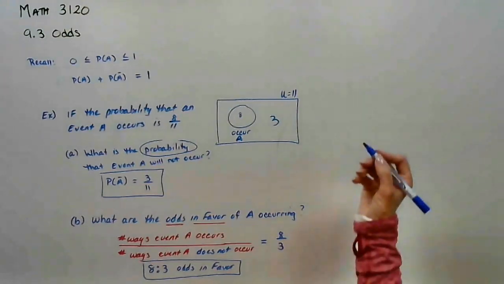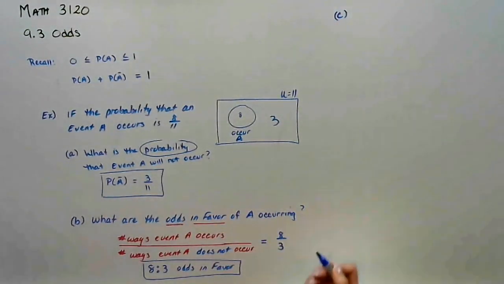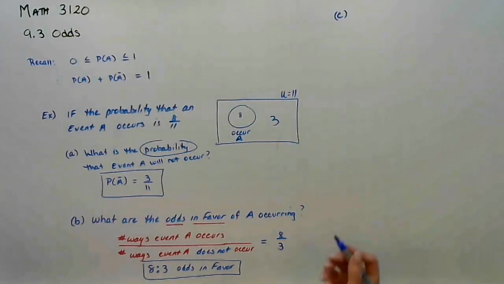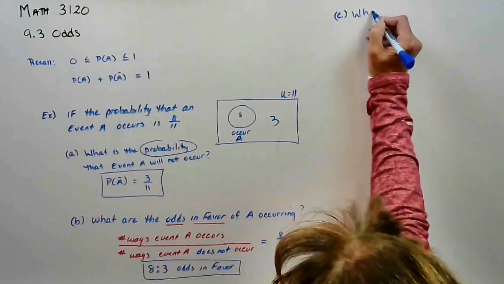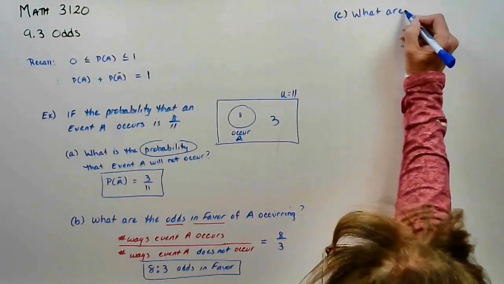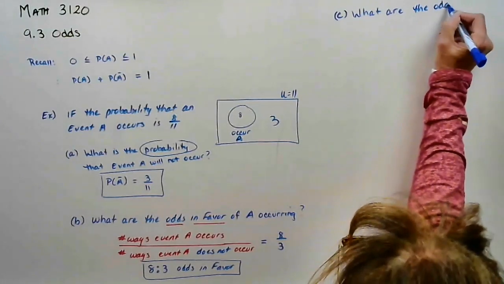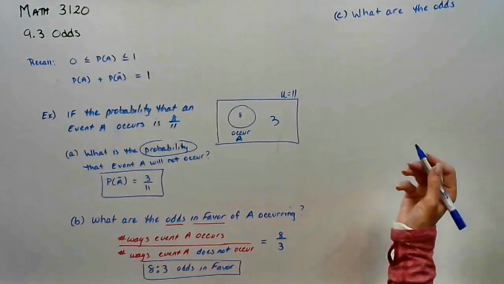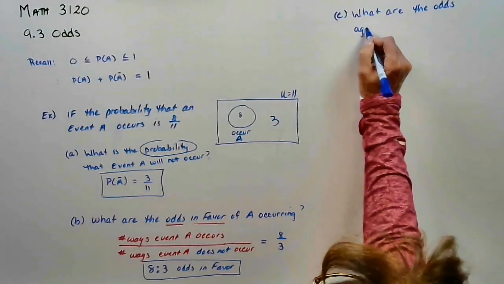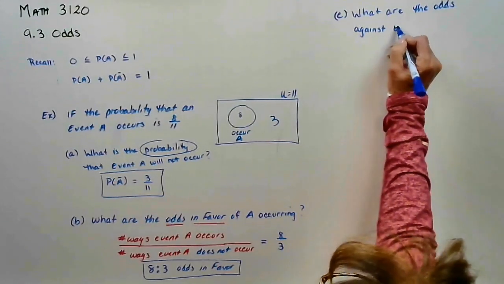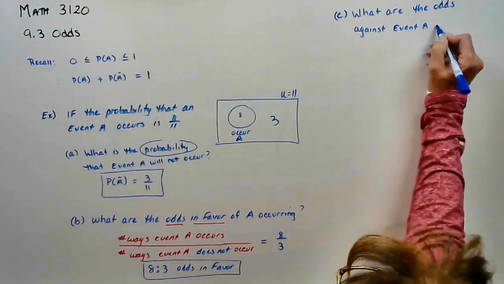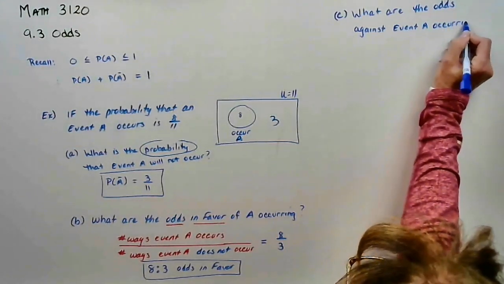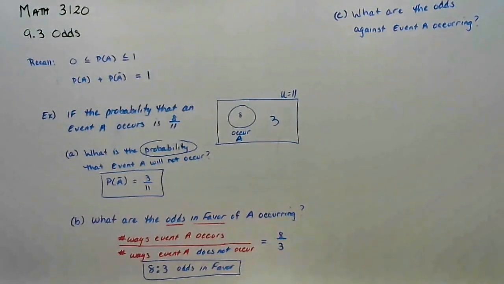So let's keep going. Let's find the odds against event A occurring. Oops, I think I'm running off the board. Now this time we want odds against. Odds are not part of a whole.